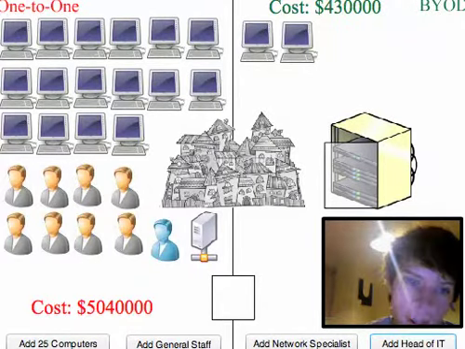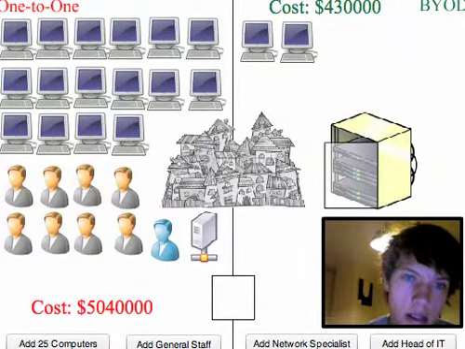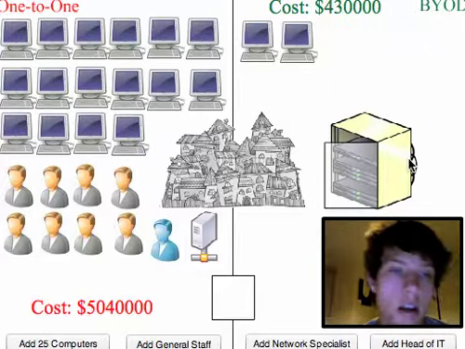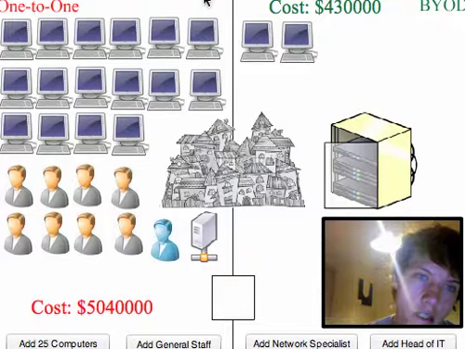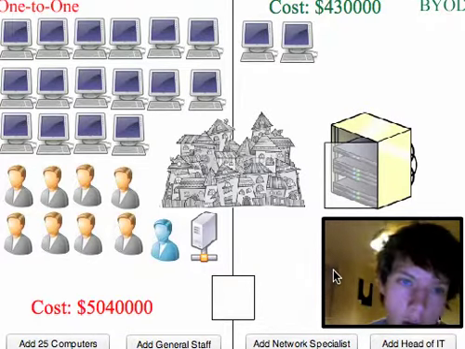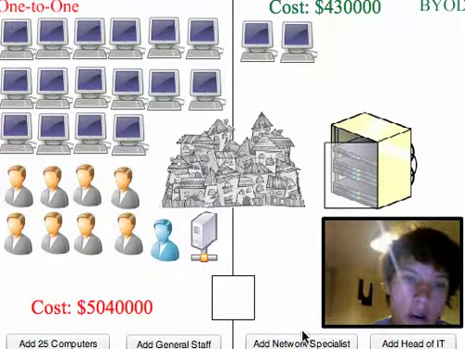On the other hand, with this system, the server setup, you're probably going to need some highly qualified staff. So you could have, because there's only 50 computers, you won't need as many staff.